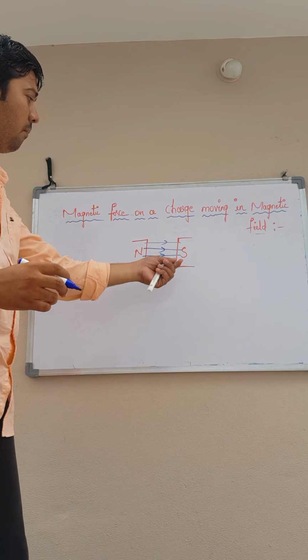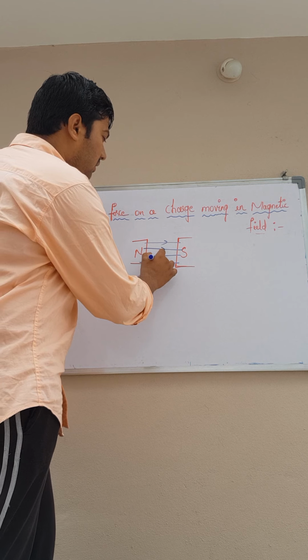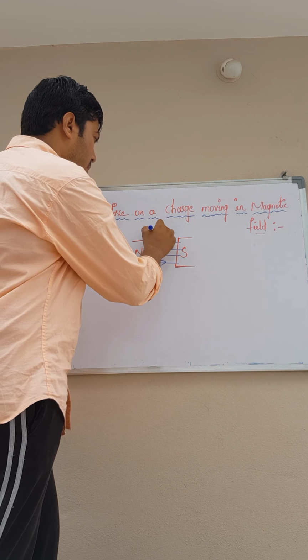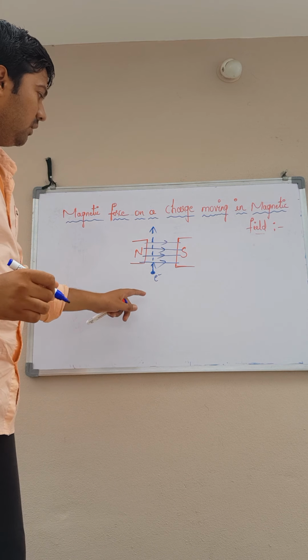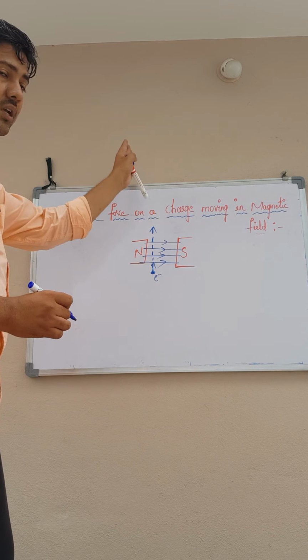if there is no magnetic field, this electron would have gone straight in this way.